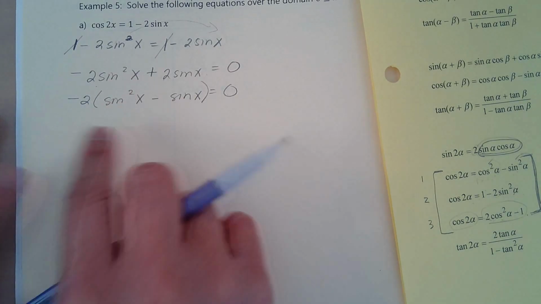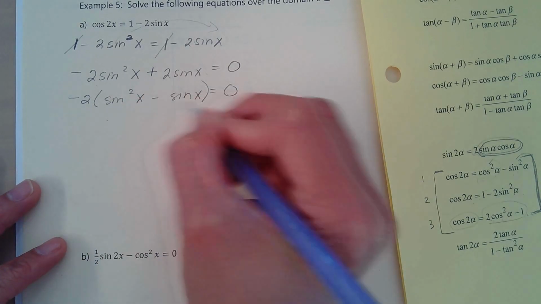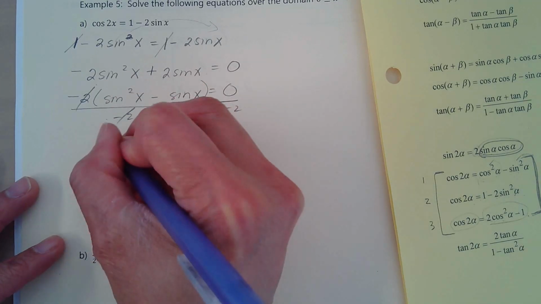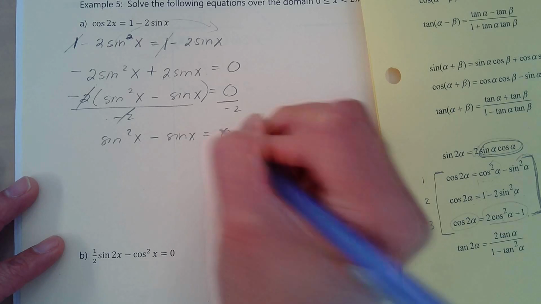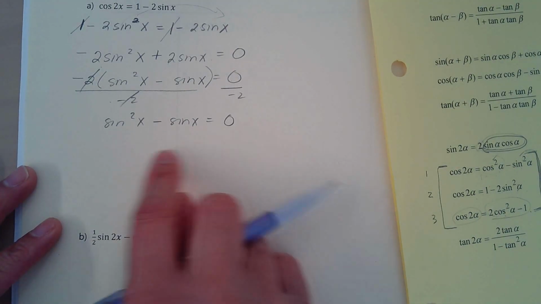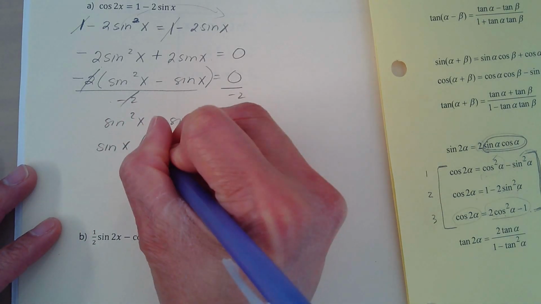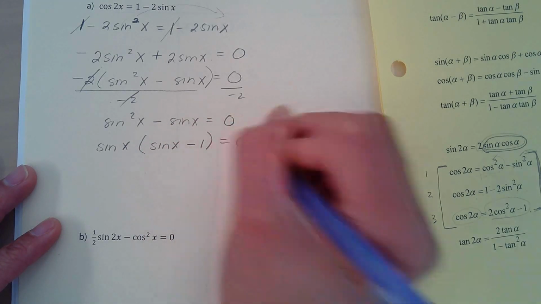What I'm trying to do is just get rid of that 2 for a second. So divide by negative 2, divide by negative 2. So sine squared of x minus sine of x equals 0. And this is probably what you're thinking about, right? There's a common factor of sine of x. So sine of x, sine of x minus 1 equals 0.